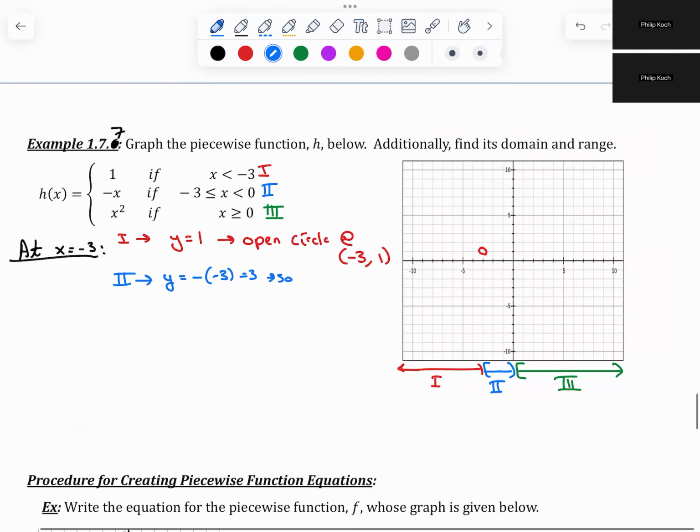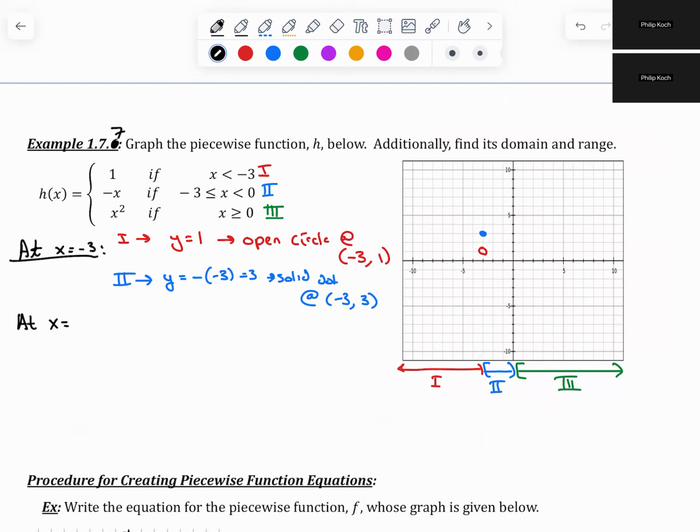So it's going to be a solid dot at -3, 3, because -3 is included in piece 2. Any questions on that? All right.